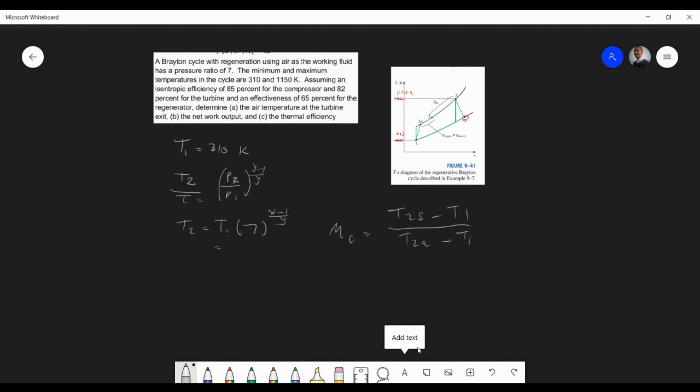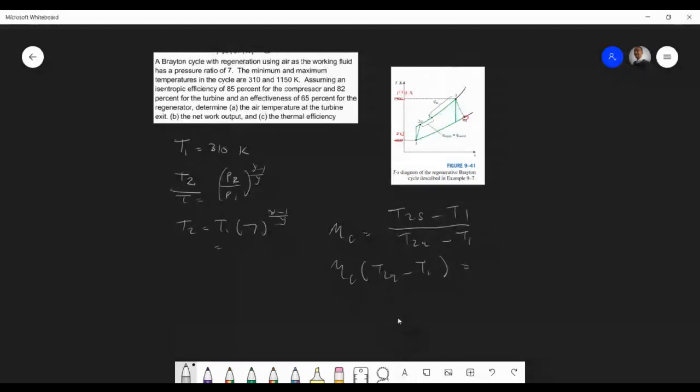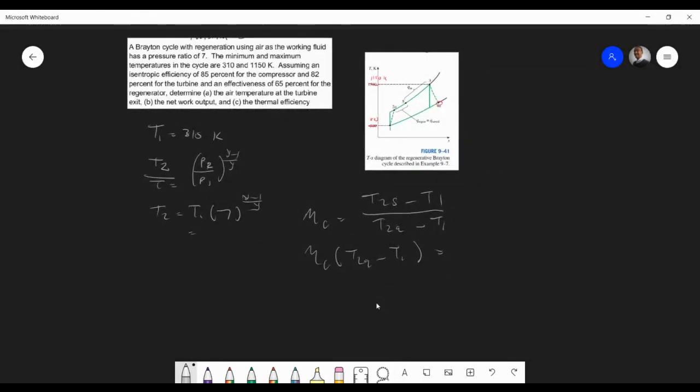Let me just make sure. T2A minus T1. No, I think it's, yeah, it is T2S minus T1 because your actual should be at the bottom. Let me just quickly sort this out.